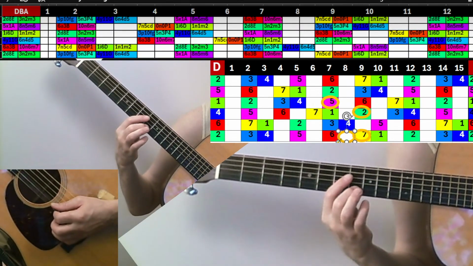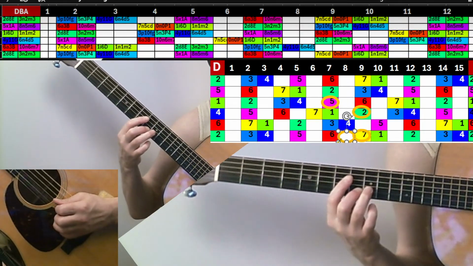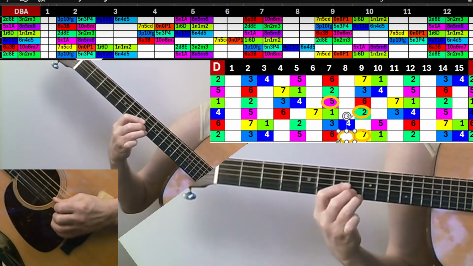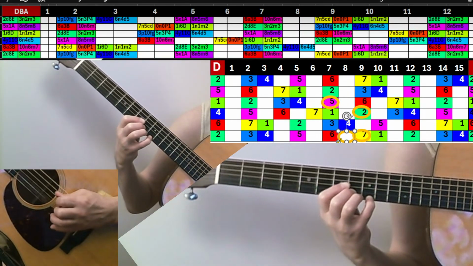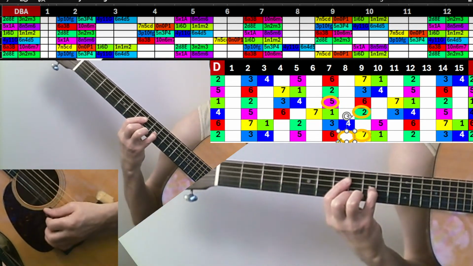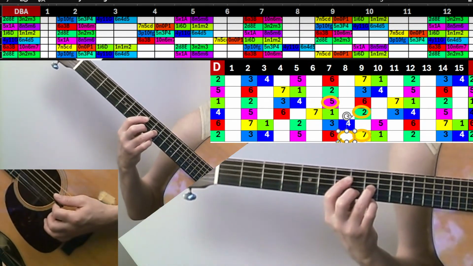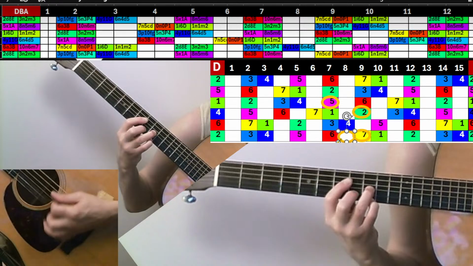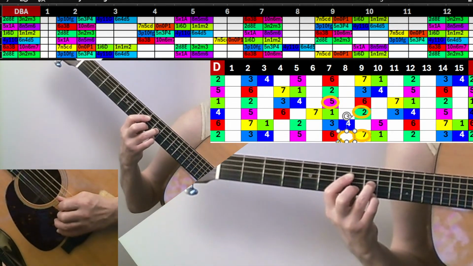So maybe I can try to bar with this finger. I don't do that too often, but that should be doable.